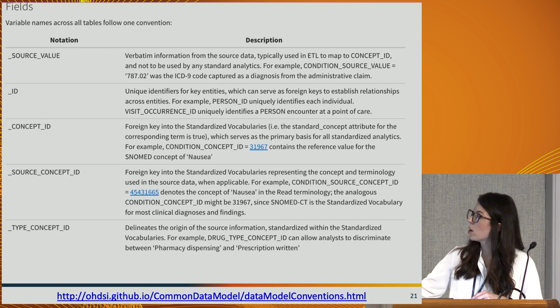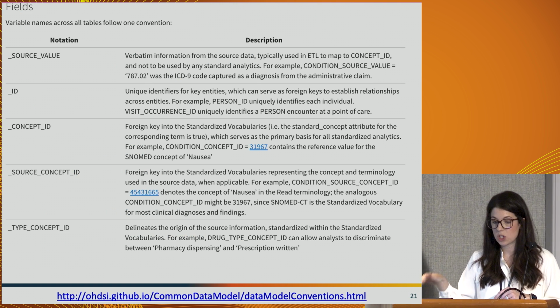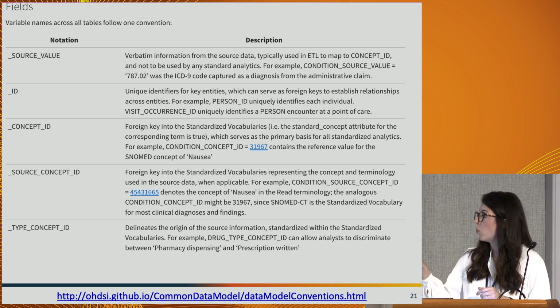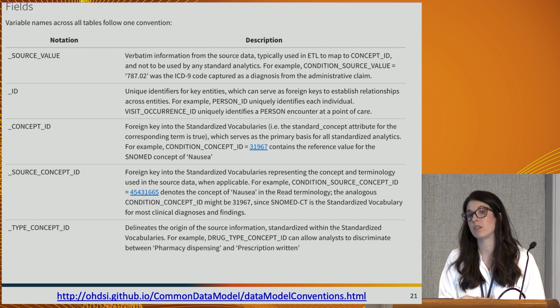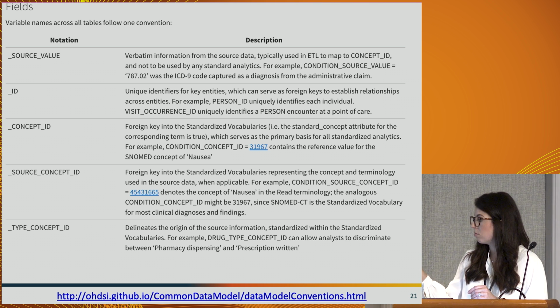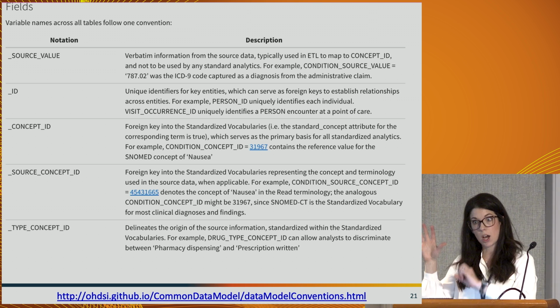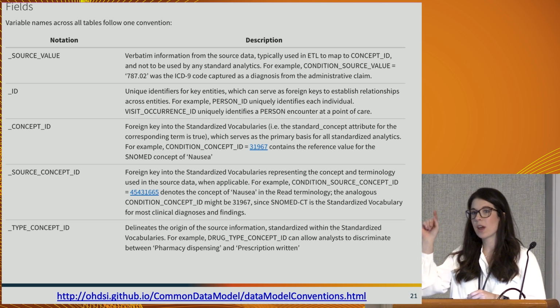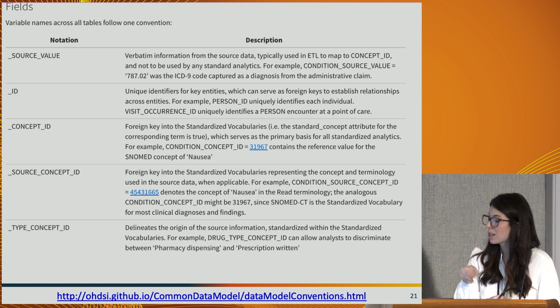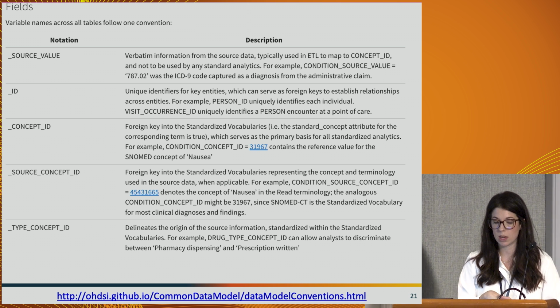So if you want to know a little bit more about these conventions and all these different fields that you would find in every clinical fact table, we do have it in the data model conventions, that little document on the website. I think it's under general conventions, and then there'll be data model conventions. So you can read about this.